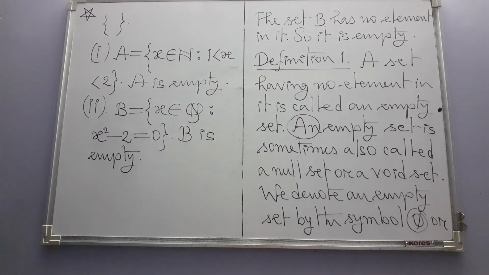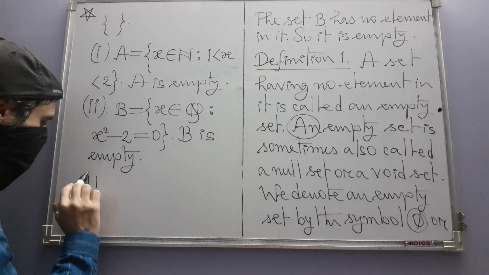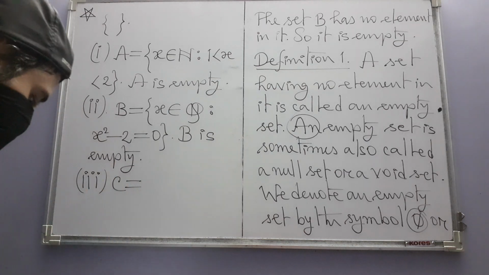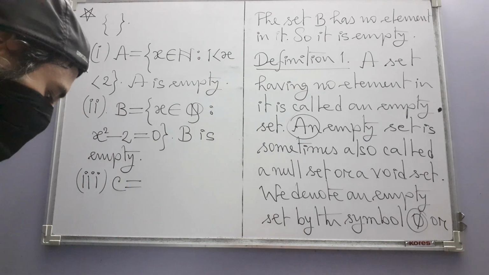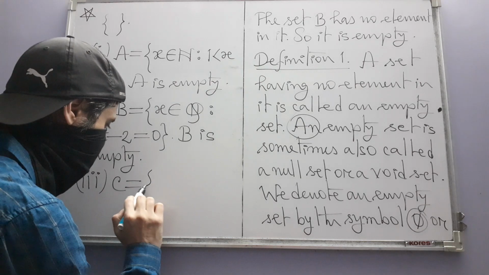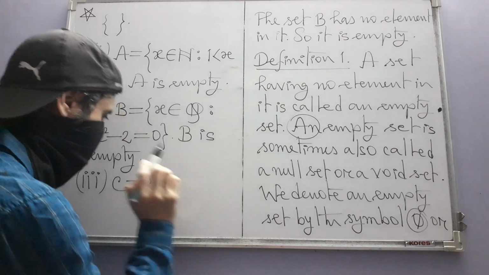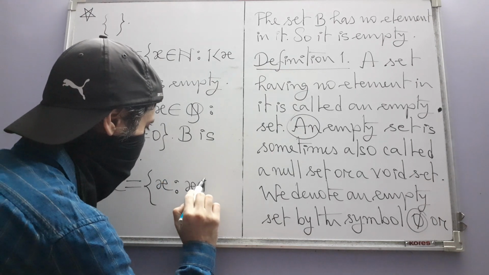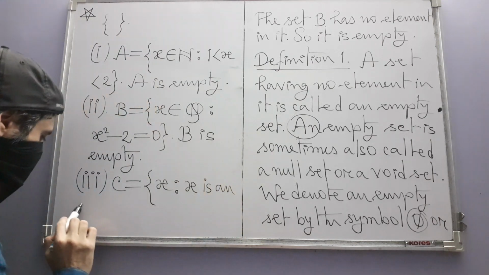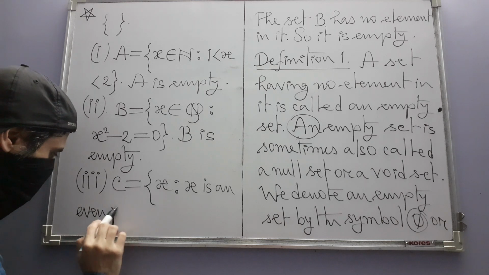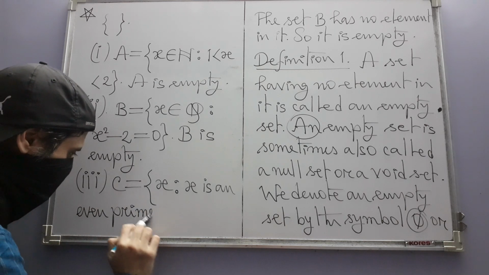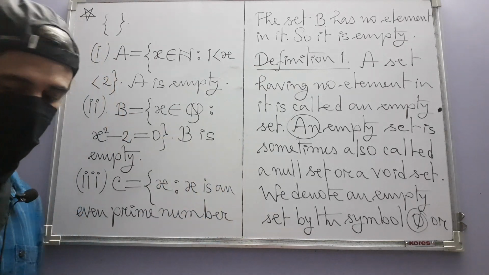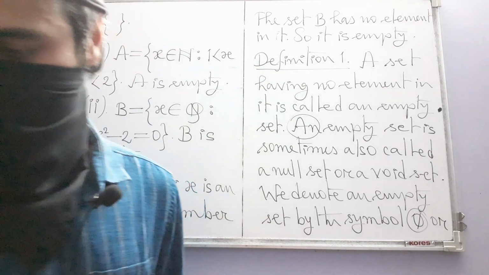Oh, and there are others also. So let's see. There is a C. And what is C? Okay. It is the set of all elements X such that X is an even prime number greater than 2.